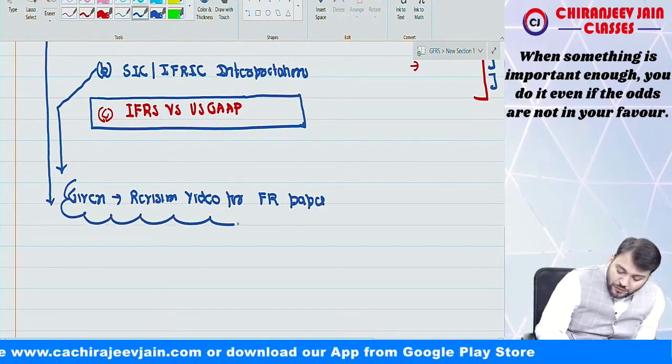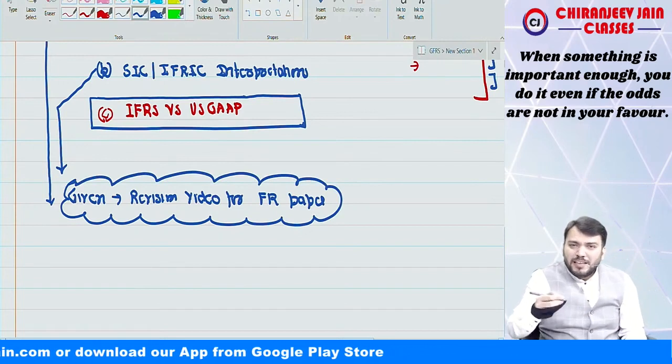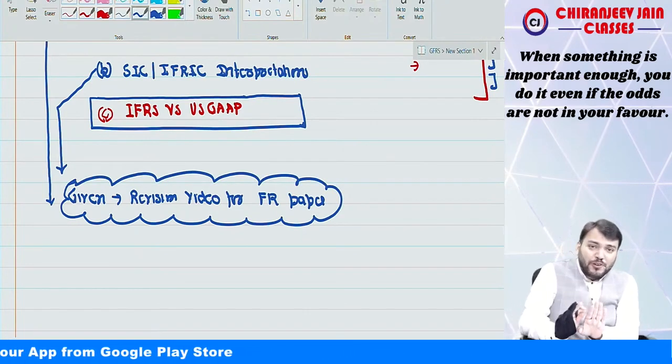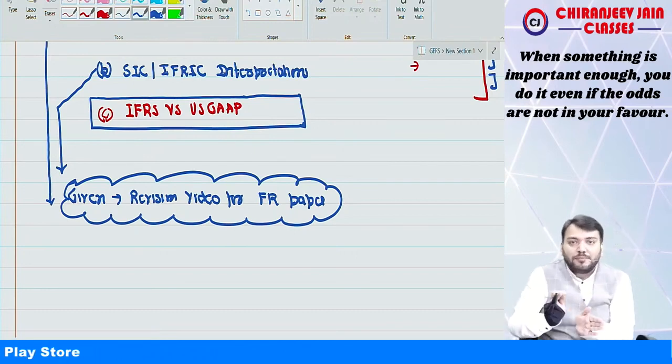It will be given as a Google Drive link on your mail ID. Whenever you feel that you want to revise a particular chapter, you can revise from that.